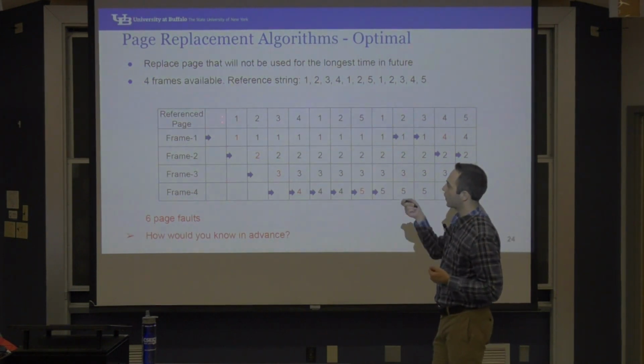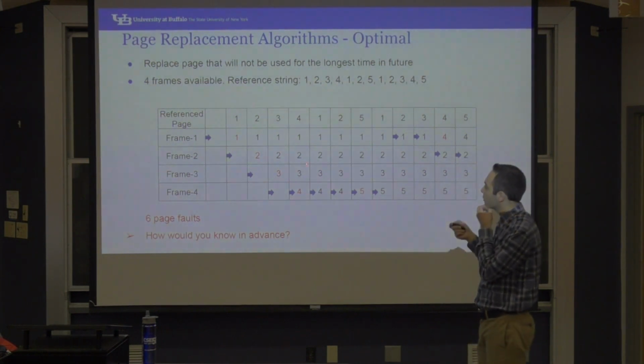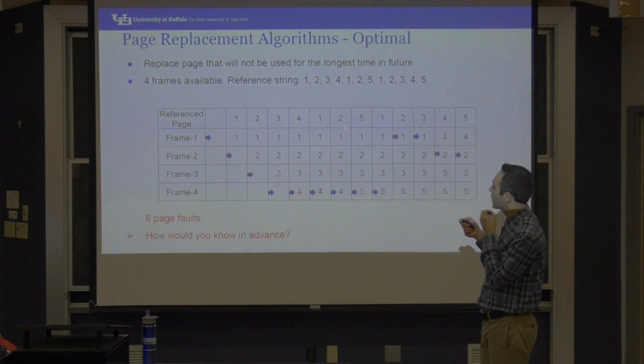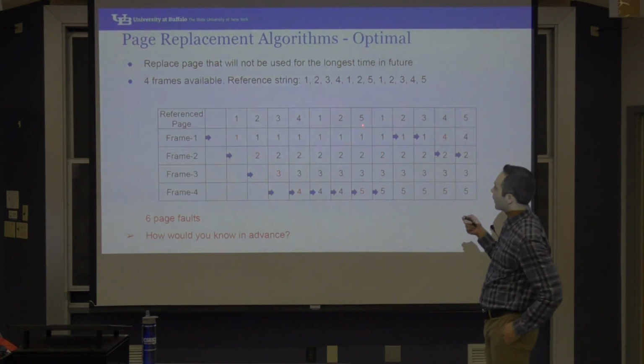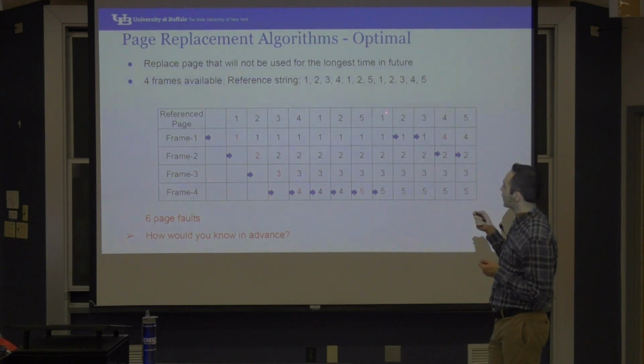So in this case of the 4 frames, again, the first 4 are of course going to be brought in. Then 1 is there, 2 is there. When 5 is accessed, I'm going to take a look at the access times. I have 1, 2, 3, and 4 in the page table. Amongst these, 1 is accessed here, 2 is accessed here, 3 here, and 4 here. So 4 is the one that I'm not going to access soon, so I'm going to replace 4 with 5.